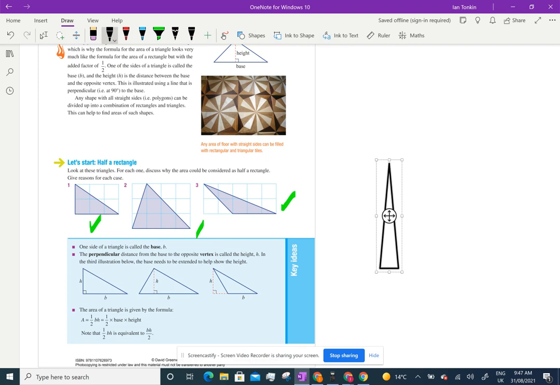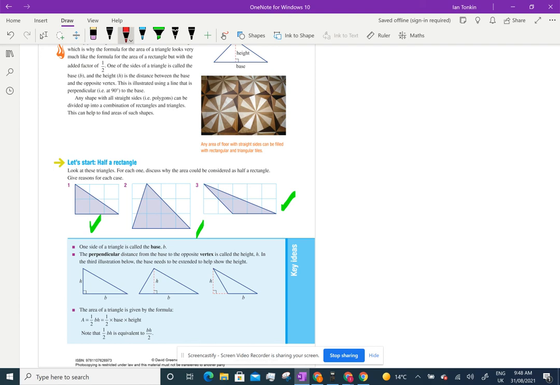So if you have a triangle, and this one's just going to give me an equilateral triangle, so I'm not going to use that one. I'm going to use this one here because it's already drawn. Every triangle can be made into a parallelogram.